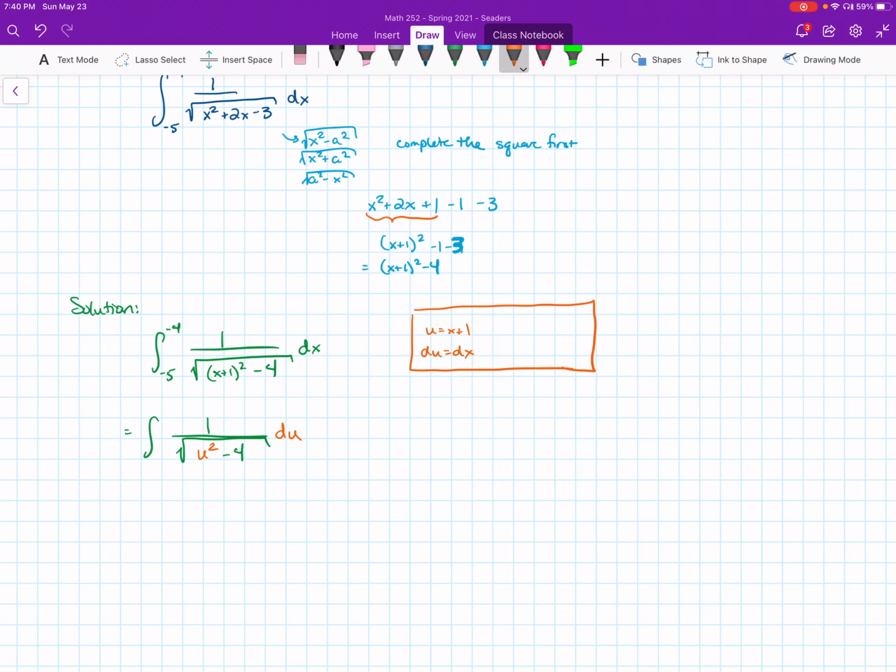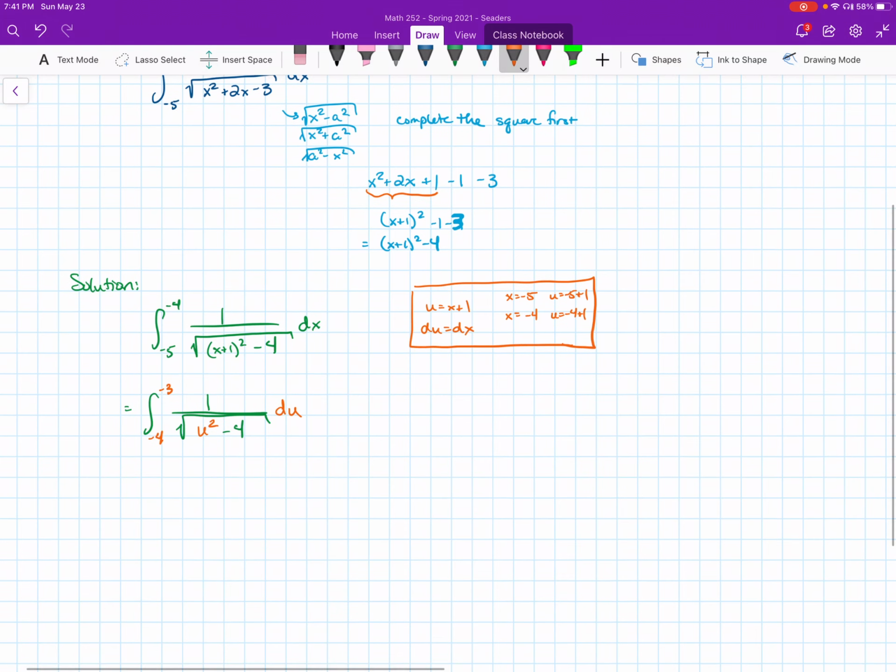Since u is x plus 1, when x is negative 5, u is negative 5 plus 1, so that'll be negative 4. And when x is negative 4, u is negative 4 plus 1, or negative 3. I'm changing those limits now so I don't have to back substitute later.